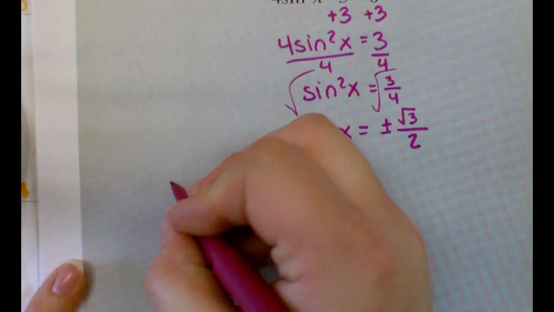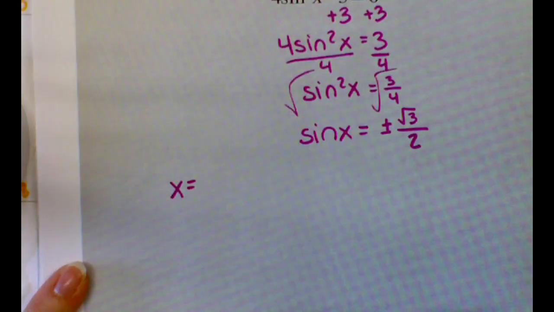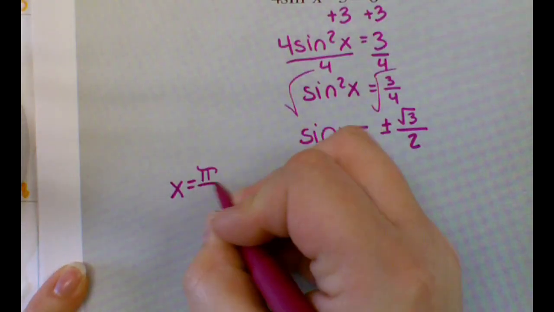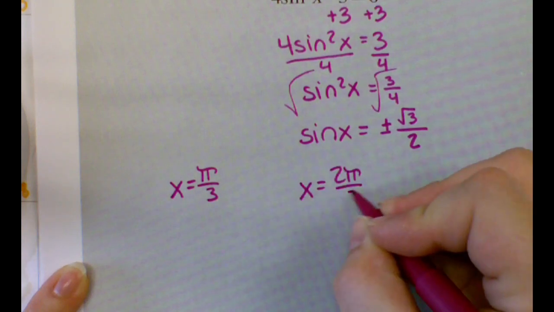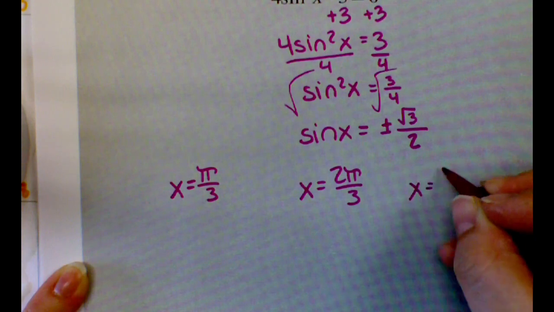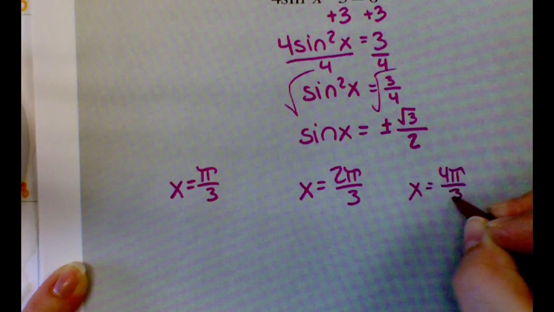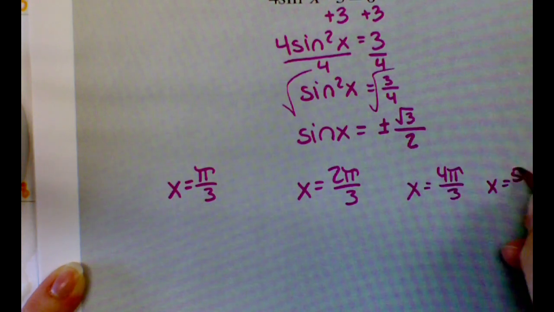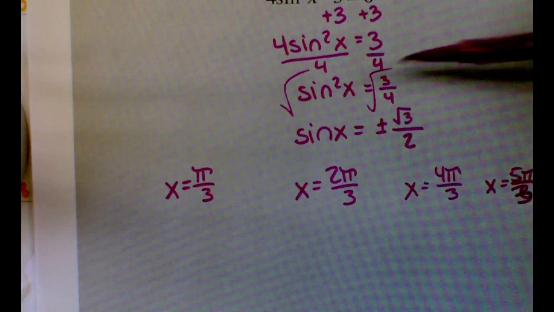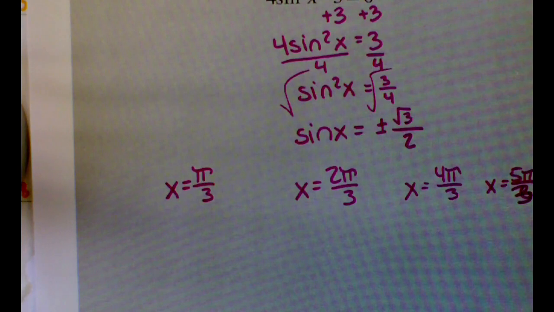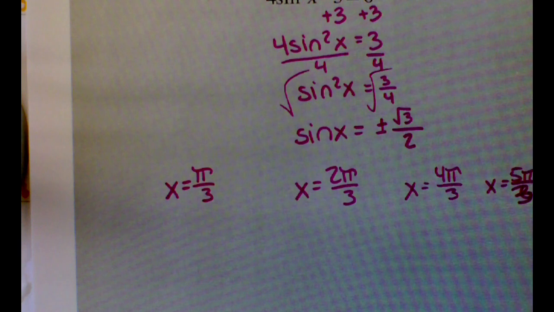I look at my unit circle. Sine is square root of 3 over 2 at pi over 3, 2 pi over 3, 4 pi over 3, and 5 pi over 3. Anytime you have a plus or minus that you're solving with, chances are your repeats will be more often than every 2n pi.